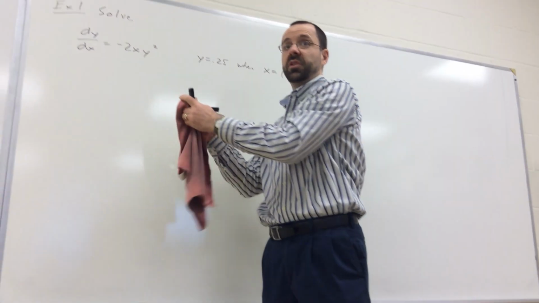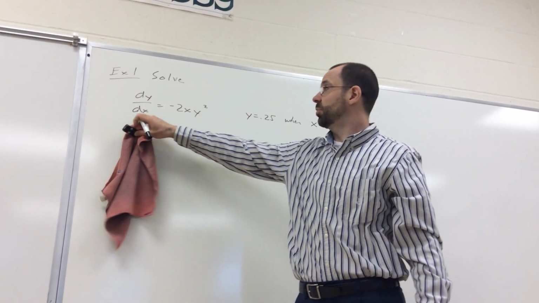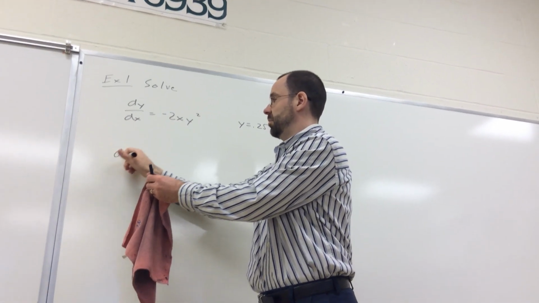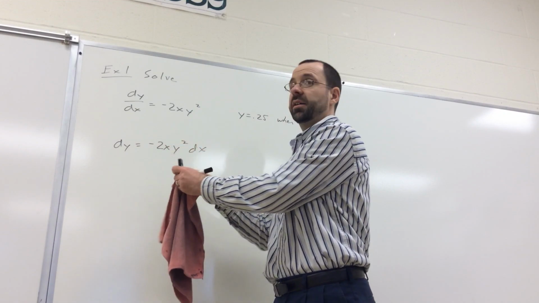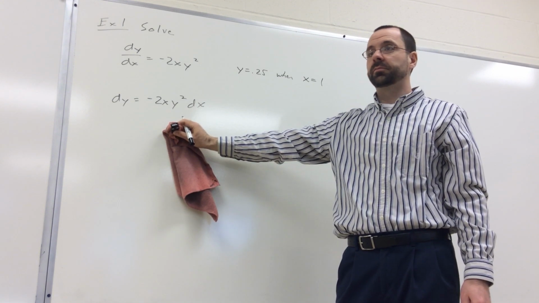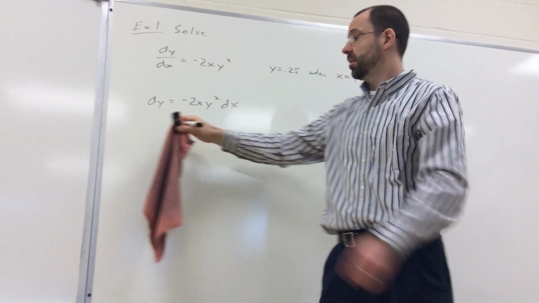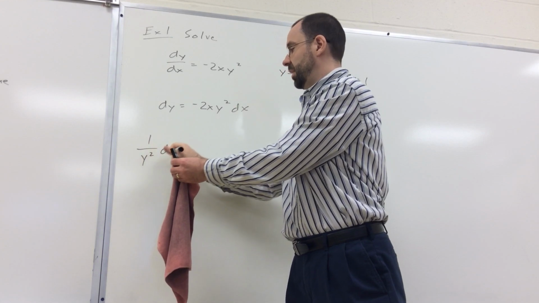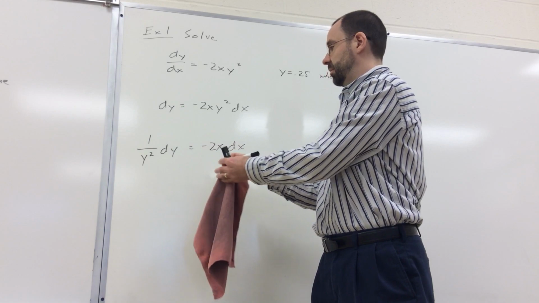Okay, so when you're trying to solve something like this, the first thing to do is to separate the variables. So I'm going to put the dx on this side. So it'll say dy equals negative 2xy squared dx. And then I'm going to divide the y squared to the other side. So that'll say 1 over y squared dy equals negative 2x dx.